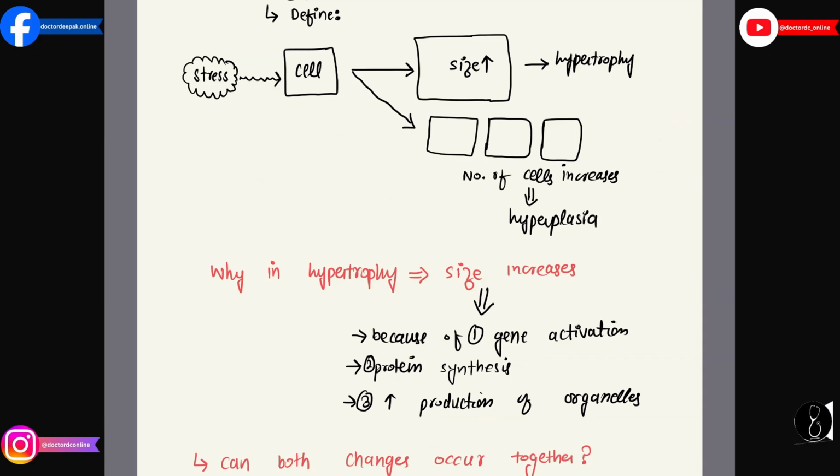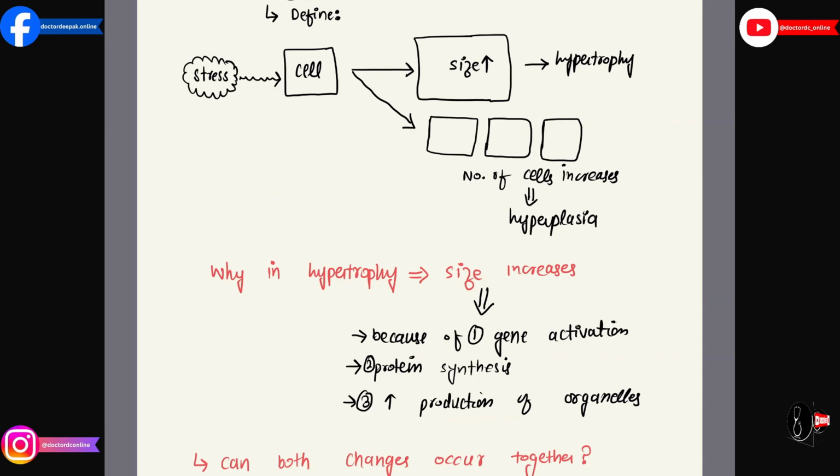They don't have the ability to increase the number of cells. So that's why the heart, cardiac muscle, skeletal muscle, and the nerves can only undergo hypertrophy. They cannot undergo hyperplasia, because these are permanent tissues and don't have stem cells. Only those organs that have stem cells can undergo hyperplasia.